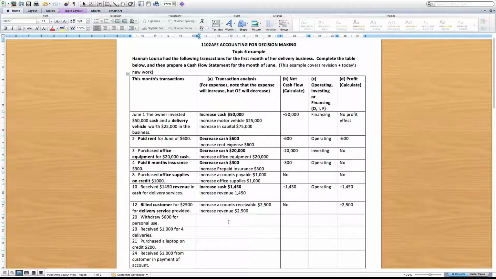On June 20, the owner withdrew $600 for personal use. So they withdrew cash, which indicates, one, cash is involved here. So we have a decrease in cash of $600, and it's the owner taking it out.